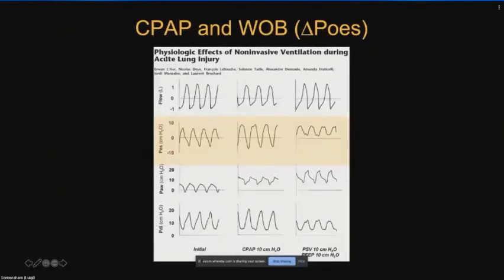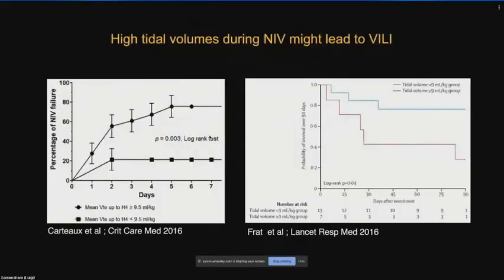But also very interesting to see this data from Laurent Brochard group. You can see that the CPAP alone might not be very efficient or effective at reducing elastic work of breathing, despite the fact they might improve the PF ratio.